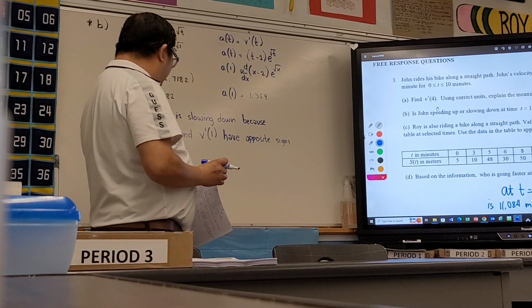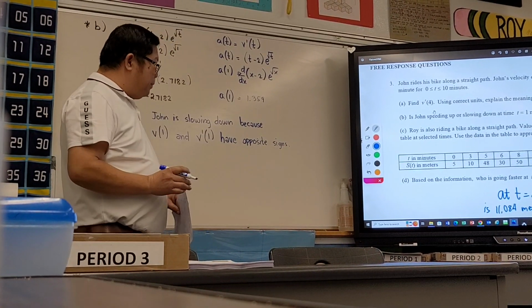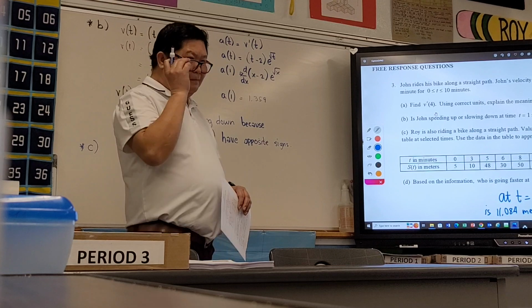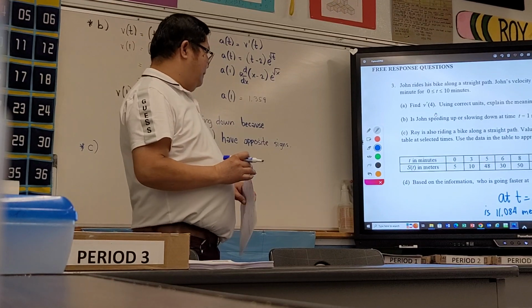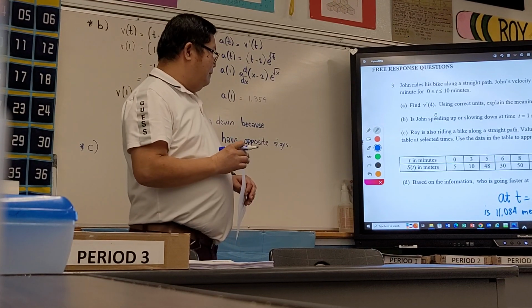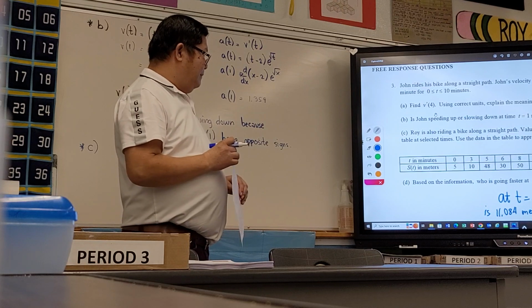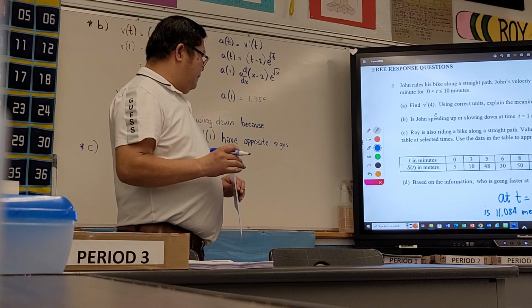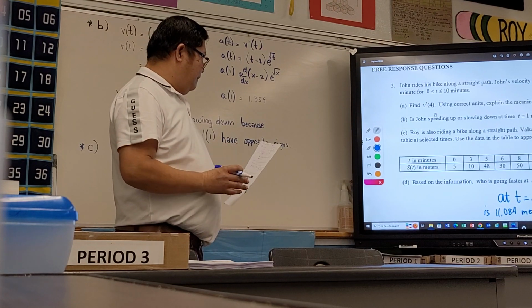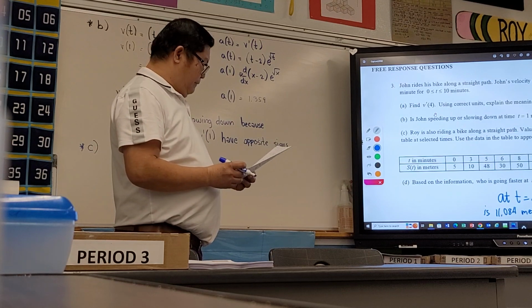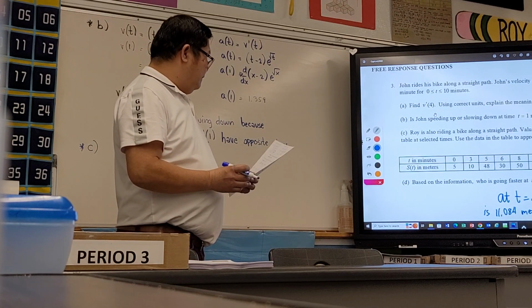Gian, can you read question C for me, please? Roy is also riding a bike along a straight path. Values of Roy's position, S(t) in meters, are given in the table at selected times. Use the data in the table to approximate Roy's velocity at time t equals 4 minutes.